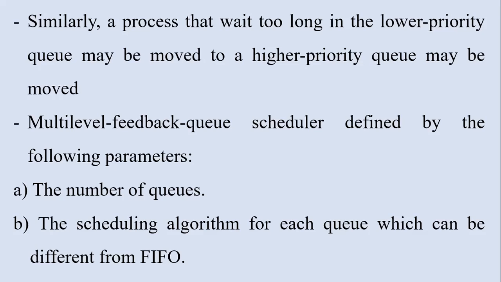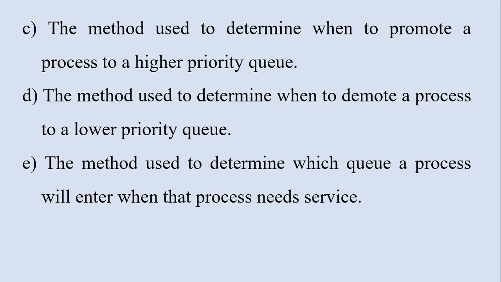Number 2, the scheduling algorithm for each queue, which can be different from FIFO. Number 3, the method used to determine when to promote a process to a higher priority queue. Number 4, the method used to determine when to demote a process to a lower priority queue.